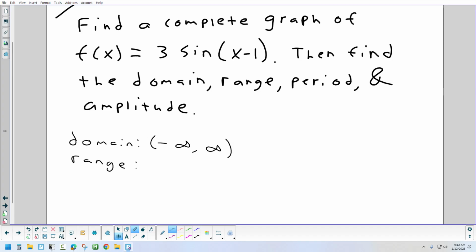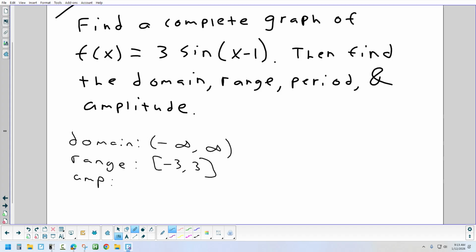What's the range? 3 to 3. Amplitude, let's do that.